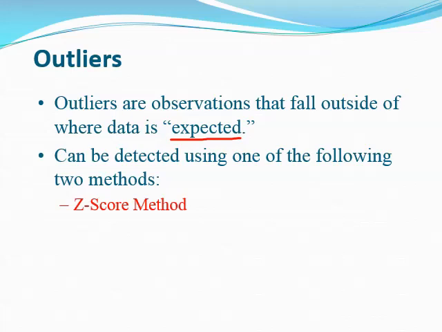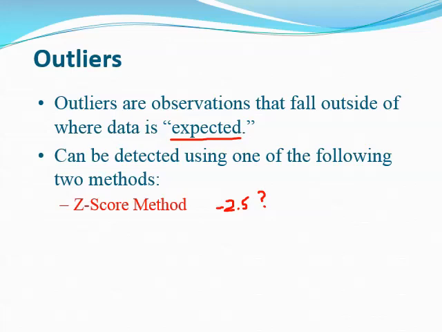The only time you have to be a little careful is if your z-score is, say, 2.5, or let's say it's a negative 2.5. That observation falls 2.5 standard deviations below the mean. Is that an outlier? That depends on the shape of the distribution, doesn't it?